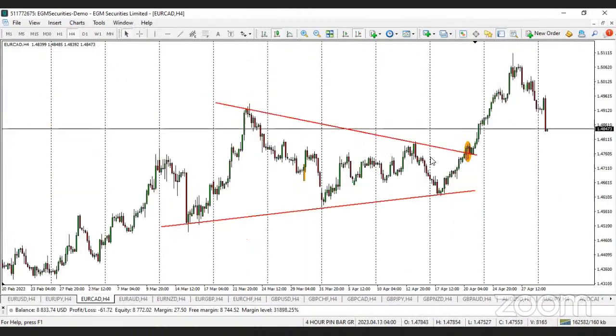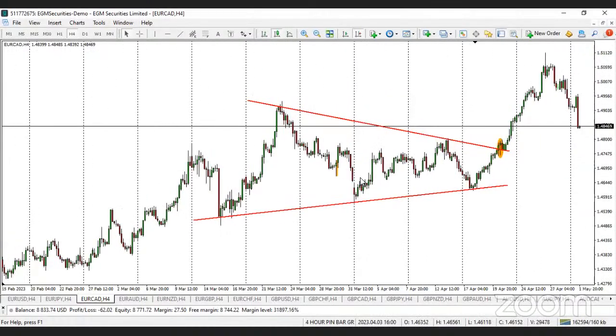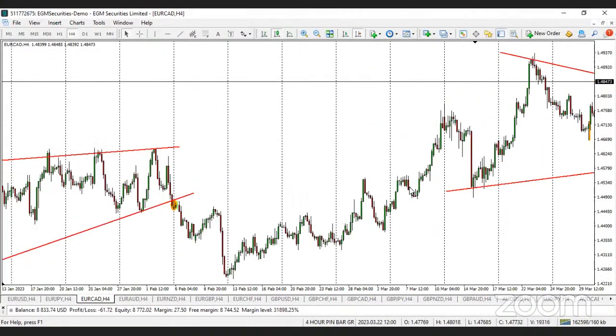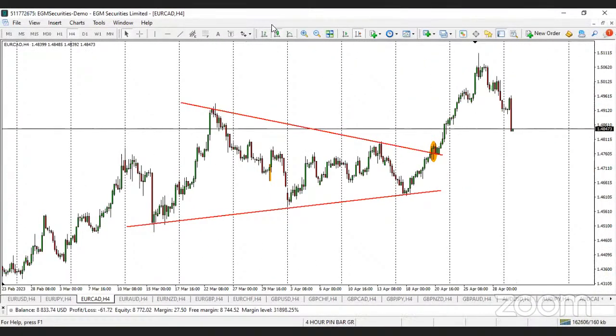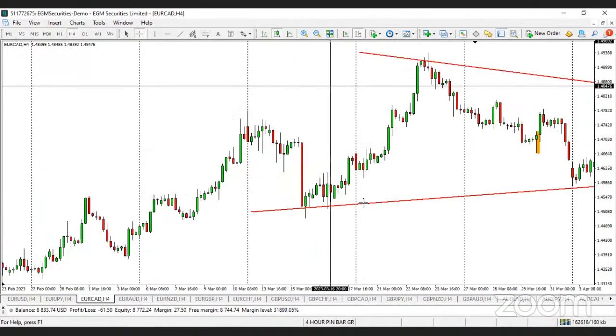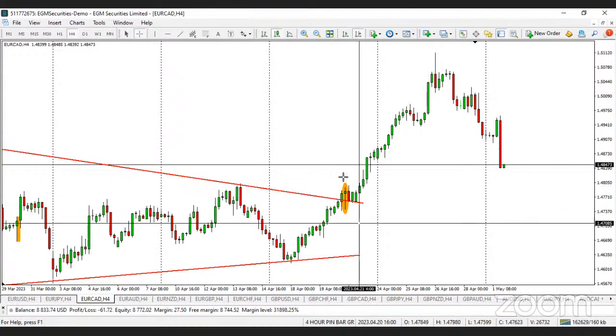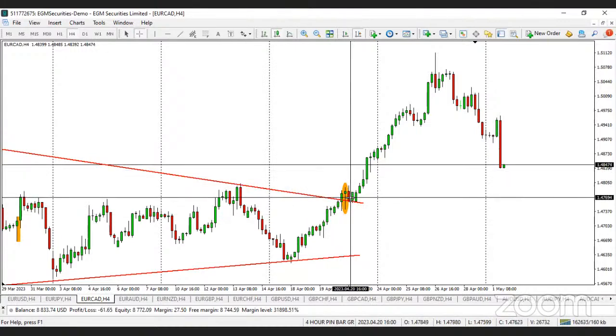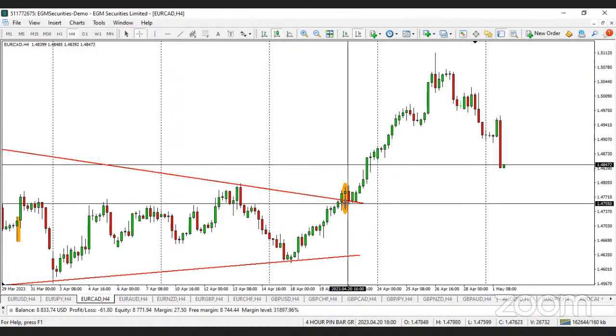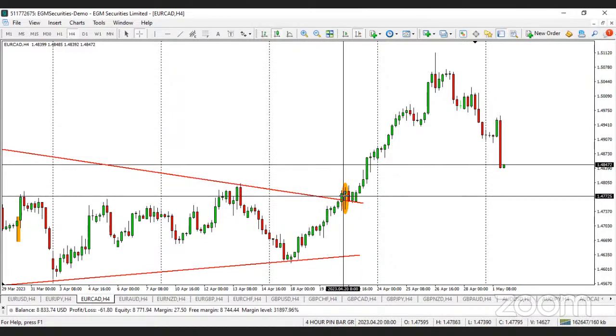Then fast forward, last week we had another formation. So this was a continuation pattern. We had the market breaking the upper side, and at the point at which the market broke, we also had a bullish pin bar, which could have acted as an additional indication for you to consider.